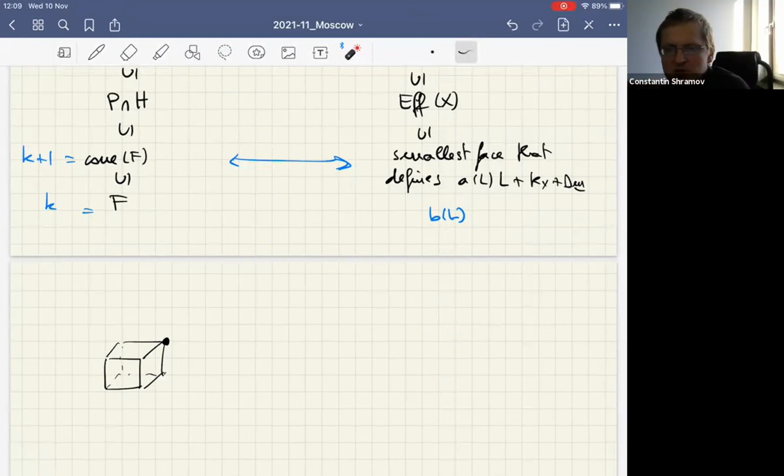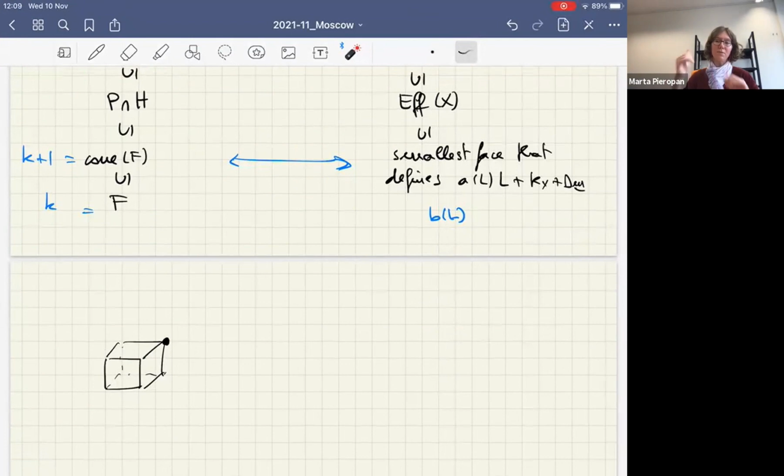This is not a condition purely about the variety, it's a condition about the variety and the line bundle L, and the boundary divisor dm.